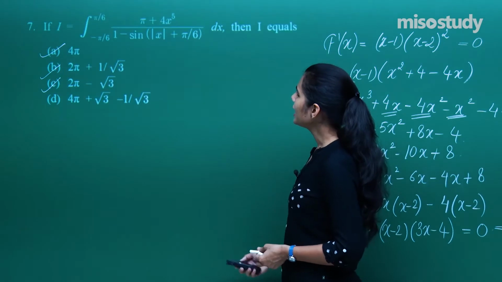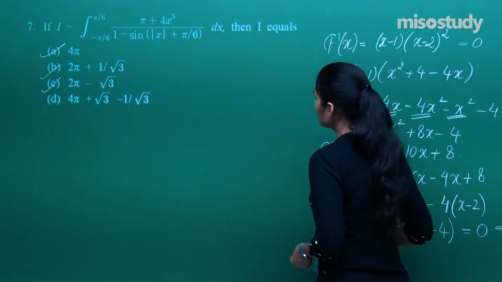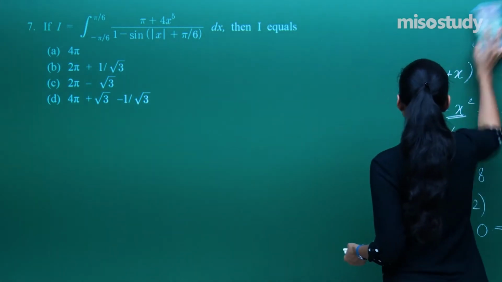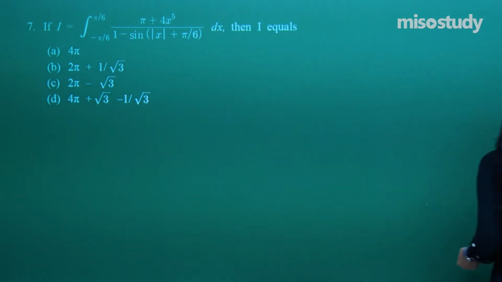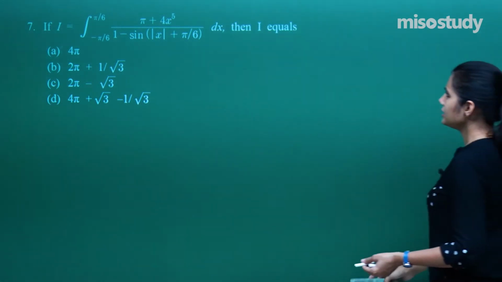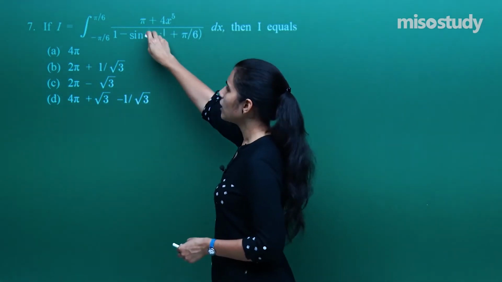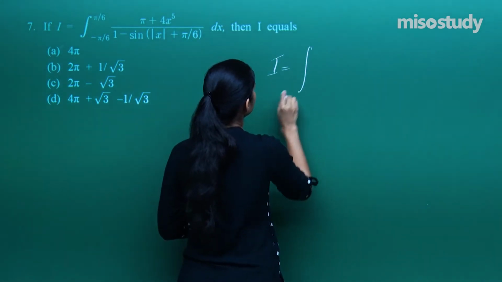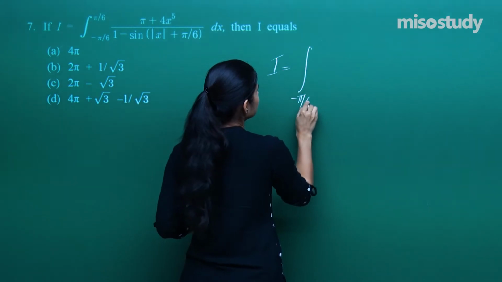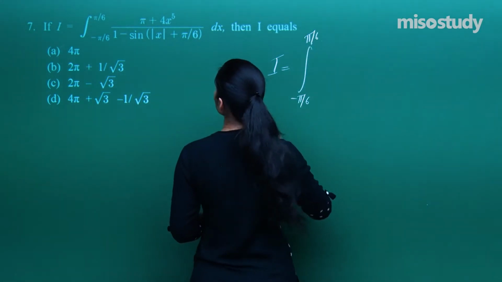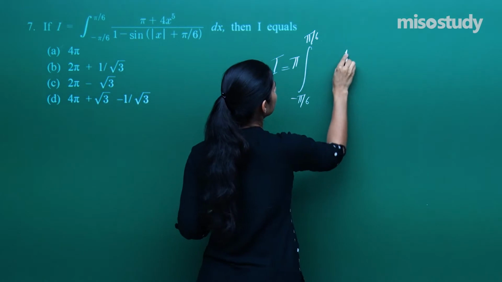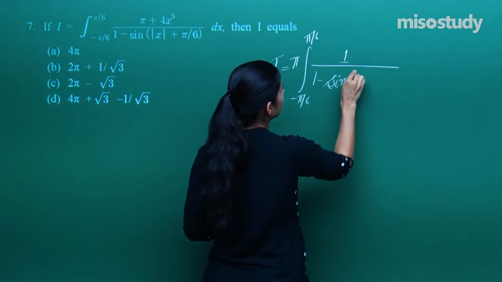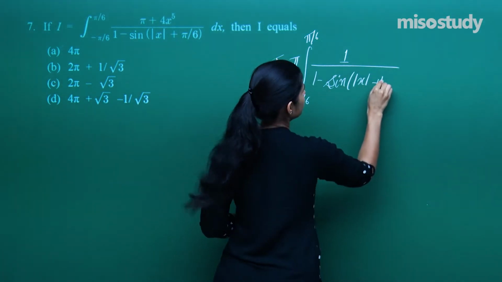Moving to the next question, we have I given to us and we are asked to evaluate this integral's value. Okay, let's do that. Now in here, if you can see, the integral as it is can be broken down as the sum of two integrals. I can write this as integral from minus pi by 6 to pi by 6, pi upon 1 minus sine of mod x plus pi by 6.